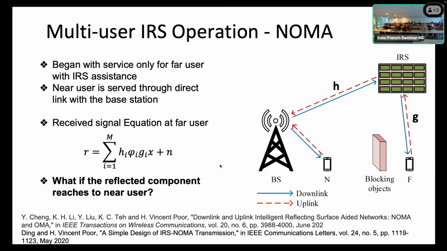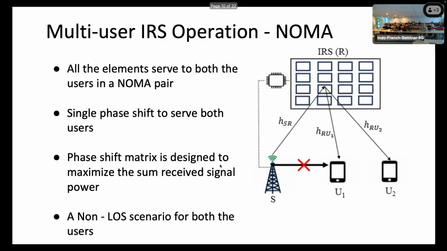We just need to find these phi's corresponding to the far user only. So it is as simple as the single user case for IRS training. Here, when I mention IRS training, I mean deciding the phase shift matrix.